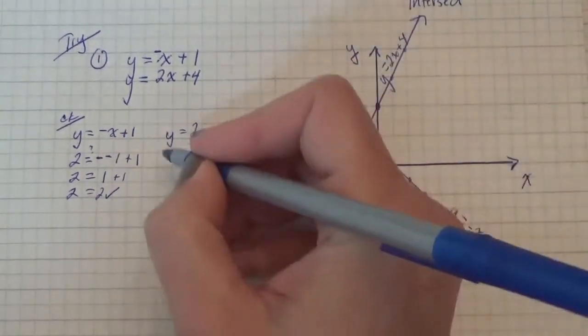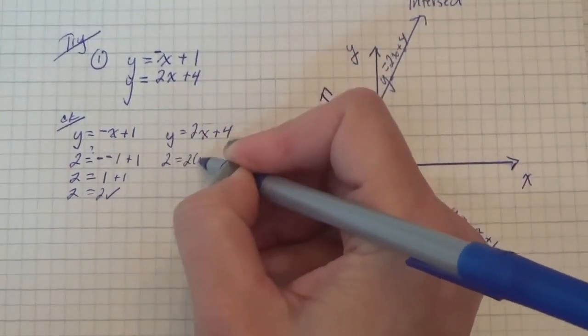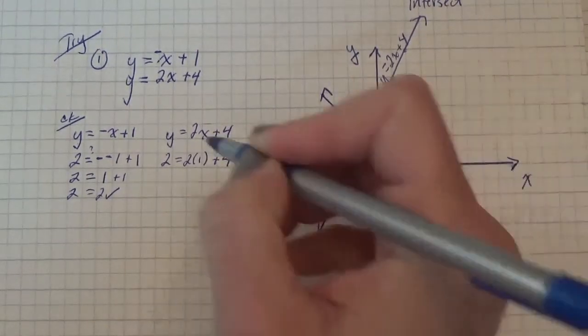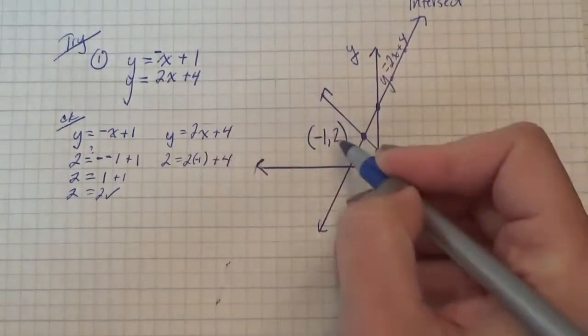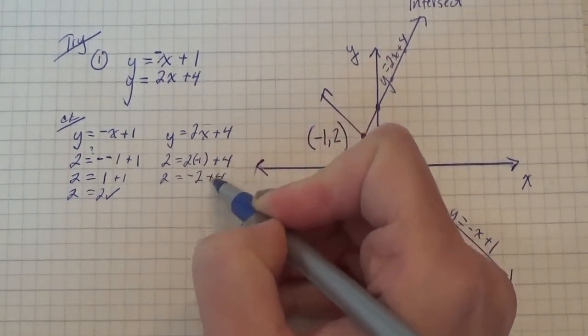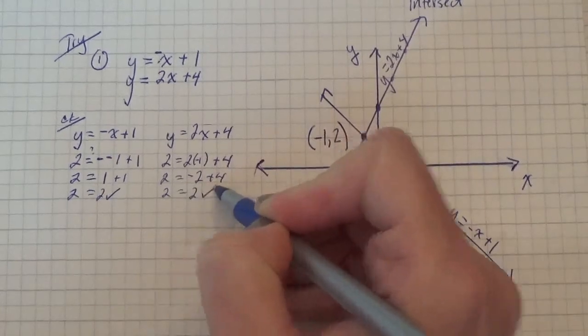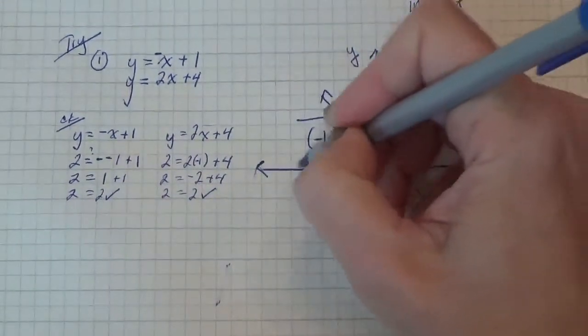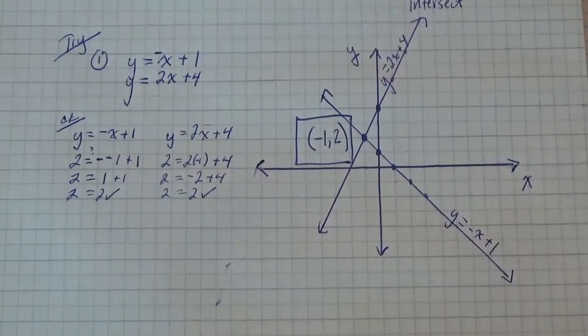So we think y is 2, x is -1. So that's -2 plus 4. Does that actually work? Yes, it does. So that is our solution. Let's box this, and there you go.